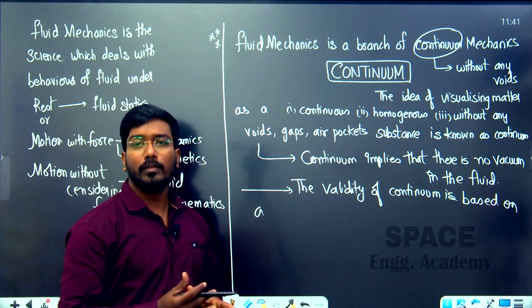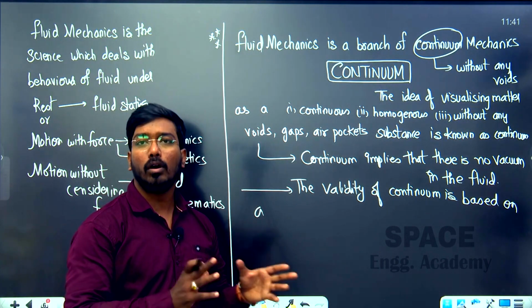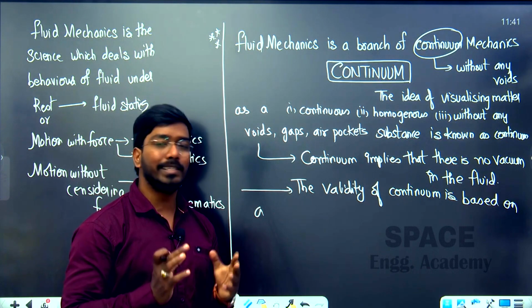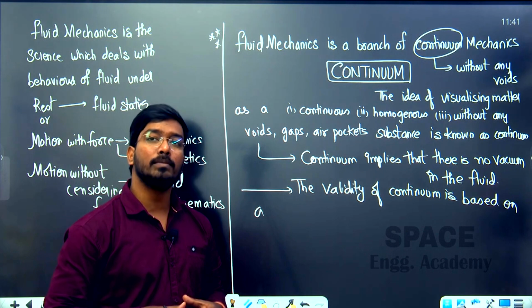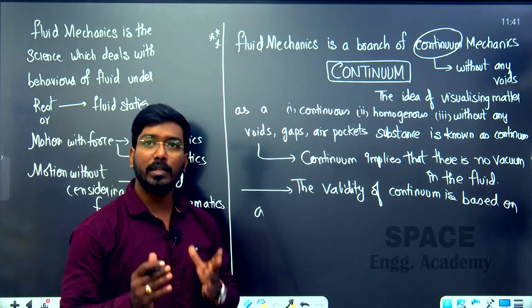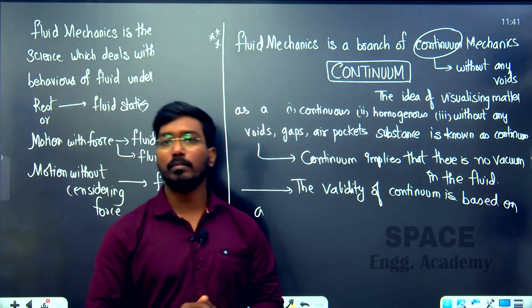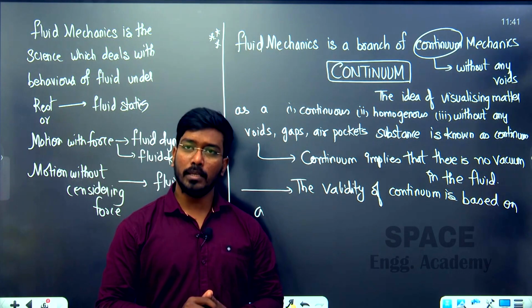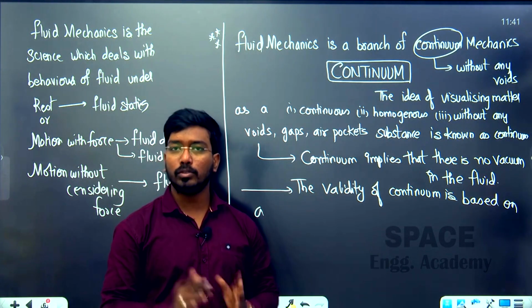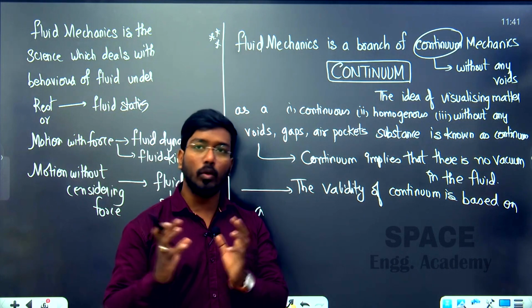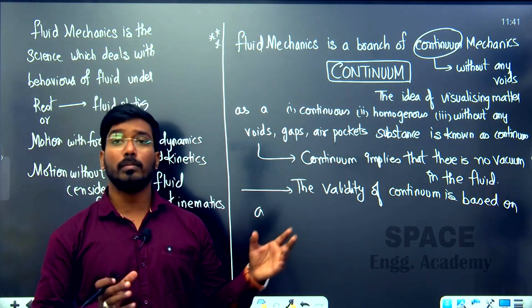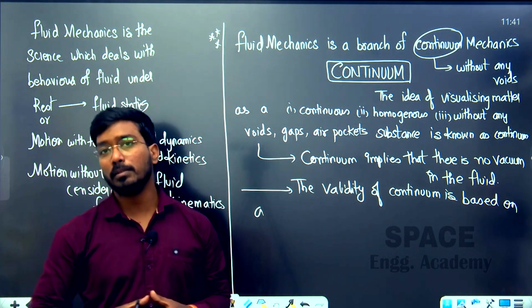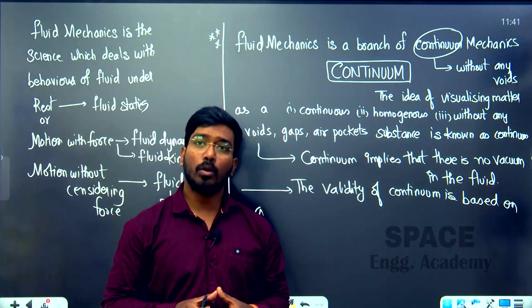Whether you say the matter is continuous or not, you need to define based on some logical statistics. Some numerical values must be there, based on which we can say a material can be regarded as a continuous material or not. If you see a solid, liquid and a gas, solids have molecules very closely packed, liquid molecules are loosely packed, and gaseous molecules have large distances in between them.